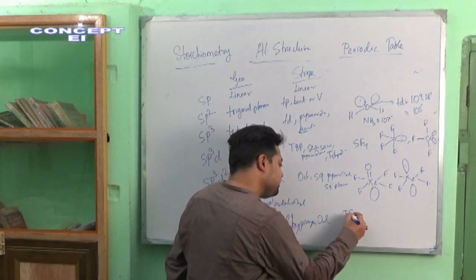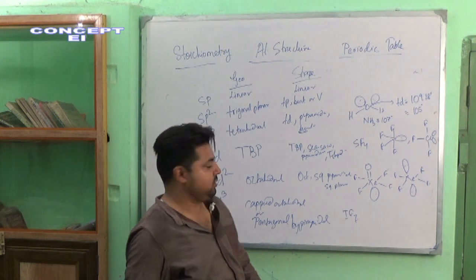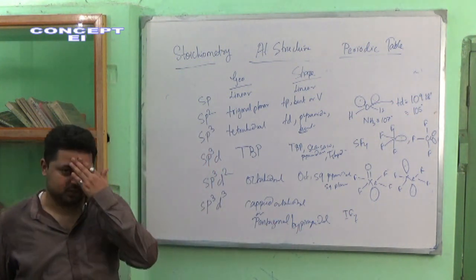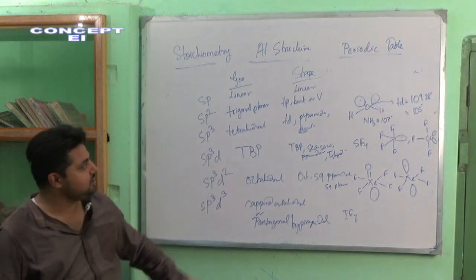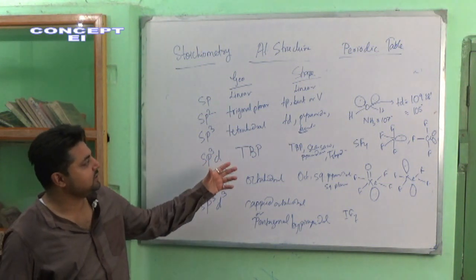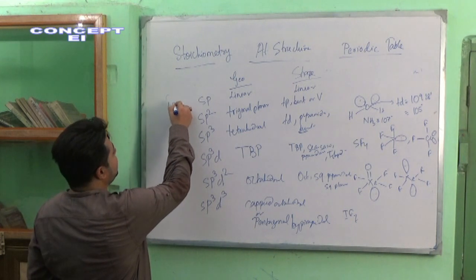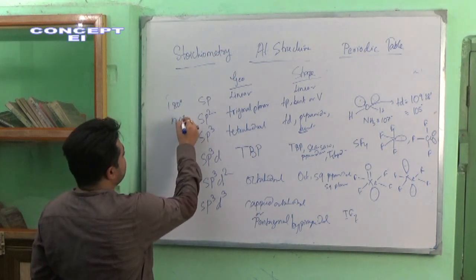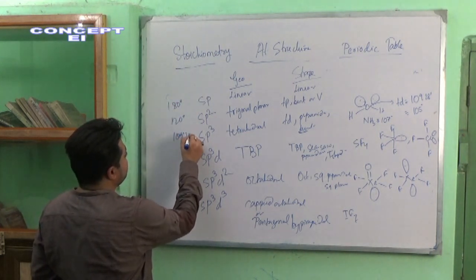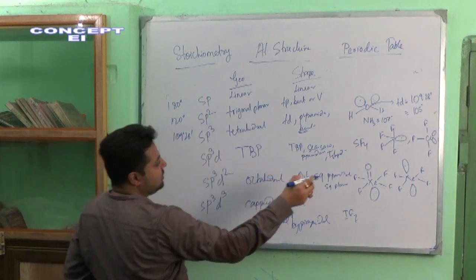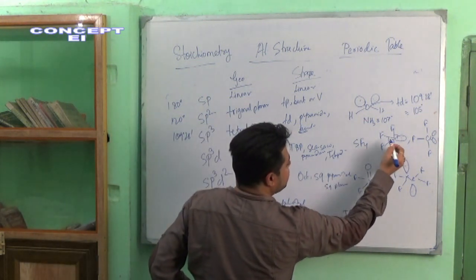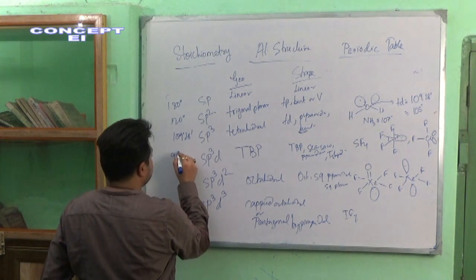And in case of this one, IF7 is a great example of pentagonal bipyramidal. Okay, so these are the factors that you need to know. One more factor is bond angle: 180 degree, 120 degree, 109 degree 28 minutes. One part will be 90 degree, another part will be 120 degrees.